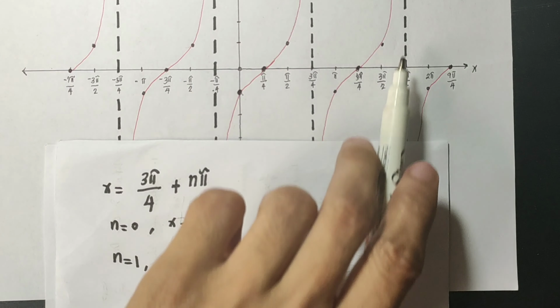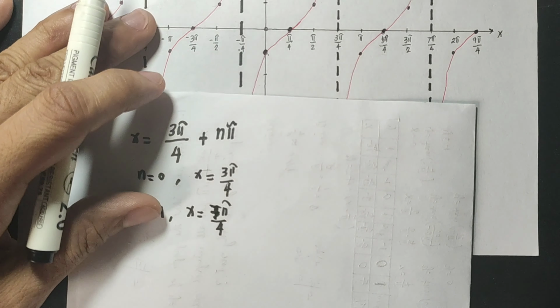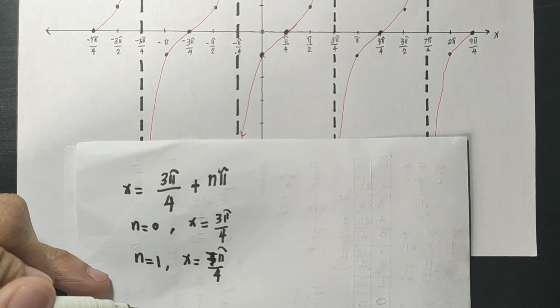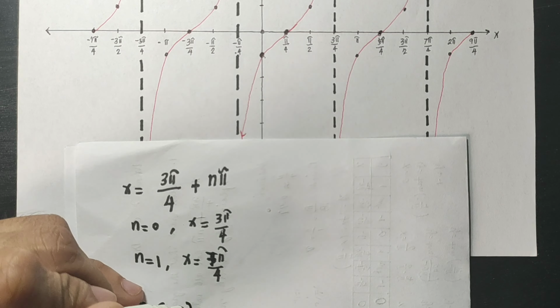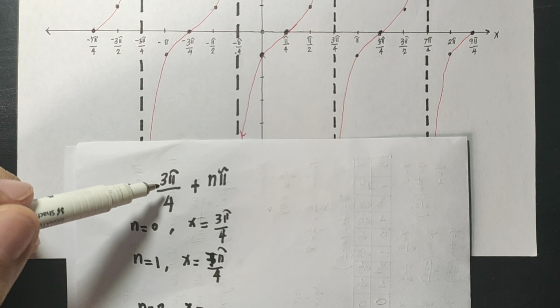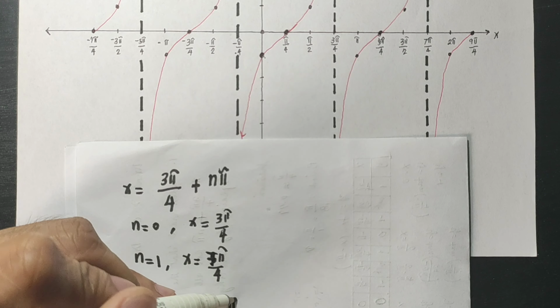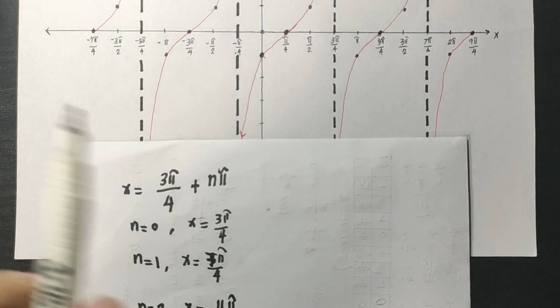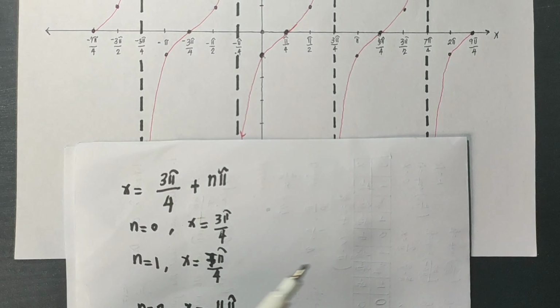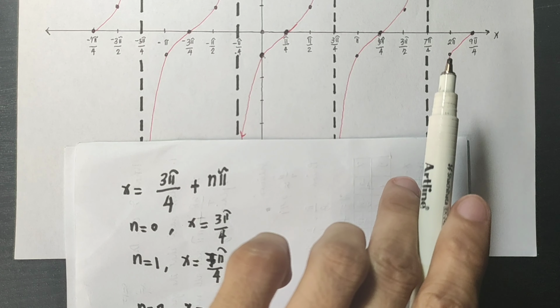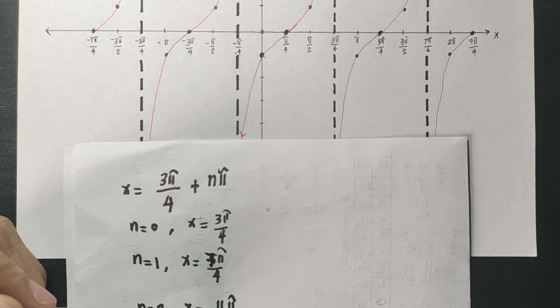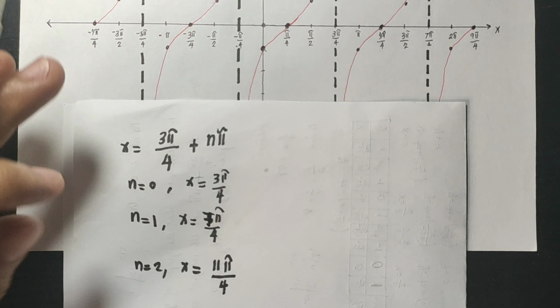You can find it there. If we continue the graph, when n is 2, x is equal to 11 pi over 4. Extending the graph, you can see that the next vertical asymptote will be x equals 11 pi over 4.